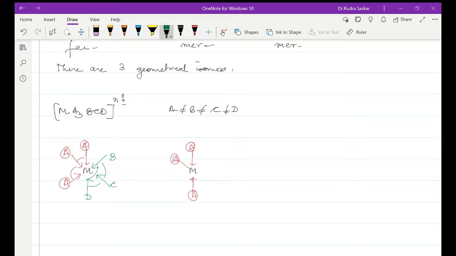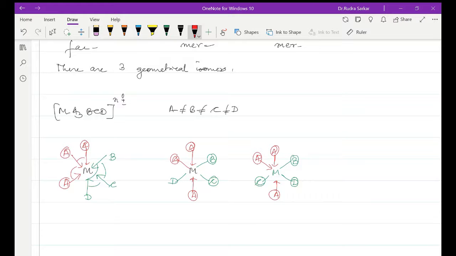Now, if I keep the position of B fixed out here, then I can have a C out here and then a D. Let's think of another arrangement wherein I will place C in place of D. I have kept the B position fixed, so D will obviously be occupying this one because the other positions are taken up by the A atoms. We will not be changing these, otherwise it will lead to confusion unnecessarily.